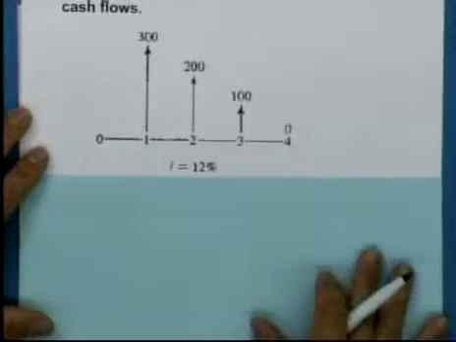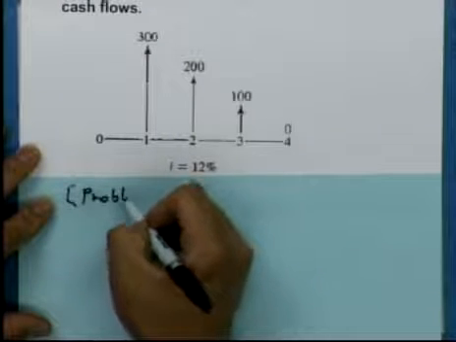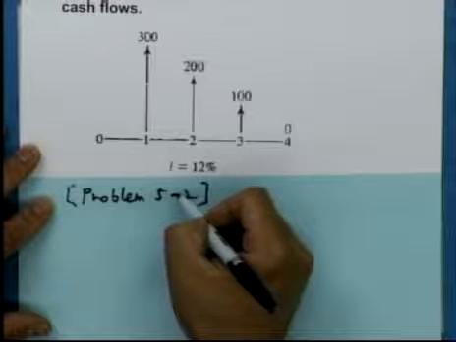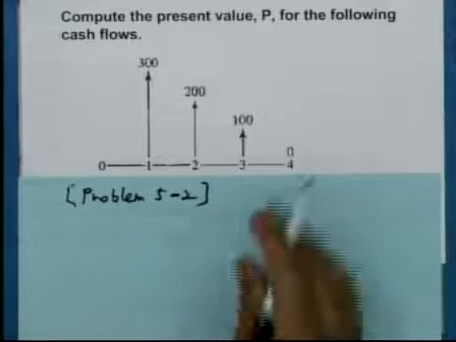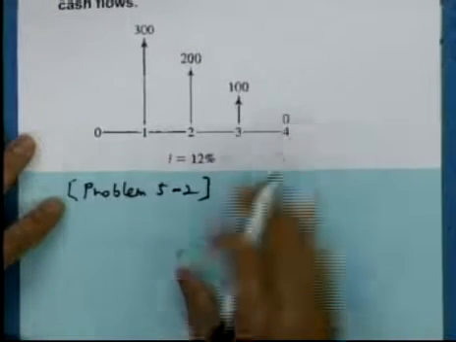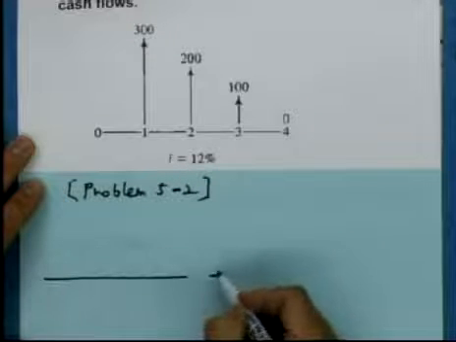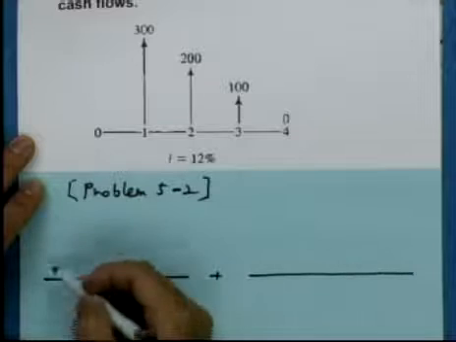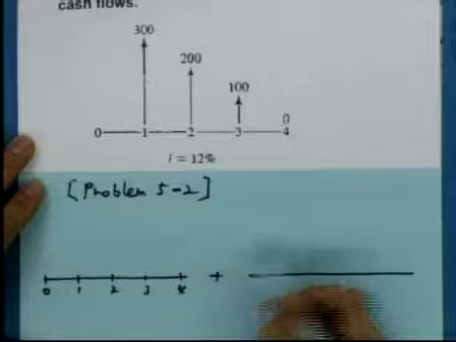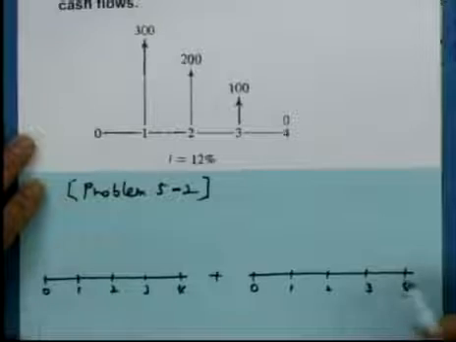So this is problem 5-2. We have two components here from 0 to 4, right?